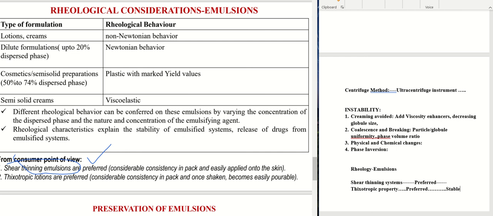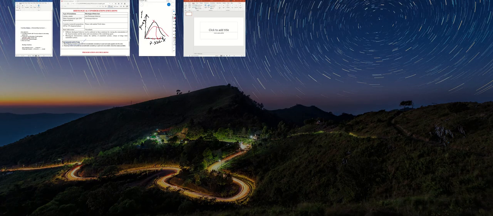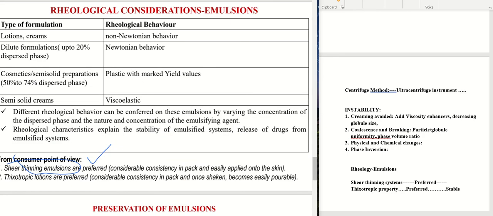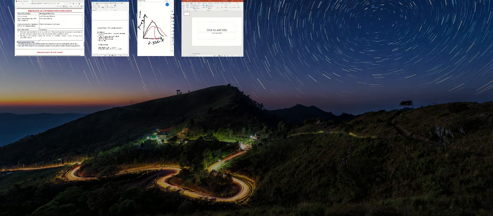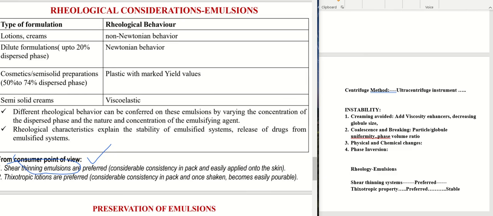Such a phenomenon where gel to sol is seen is much preferred, because there will be a transformation from gel to sol and sol to gel.